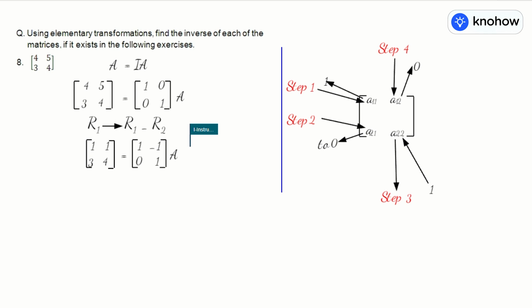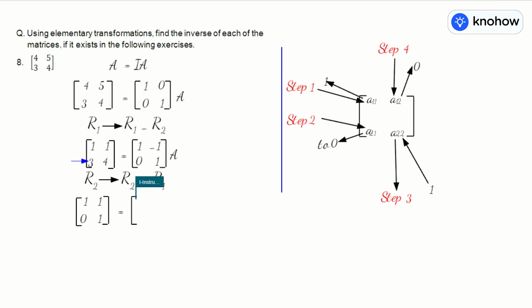Now, the first step, we have reduced A11 to 1. Now how to reduce the 3 to 0? So 3 minus 3 times R1. We'll replace R2 by R2 minus 3 times R1. Applying that, keeping the first row as such, in R2, 3 minus 3 times 1 will make it 0, and 4 minus 3 times 1 will reduce it to 1.